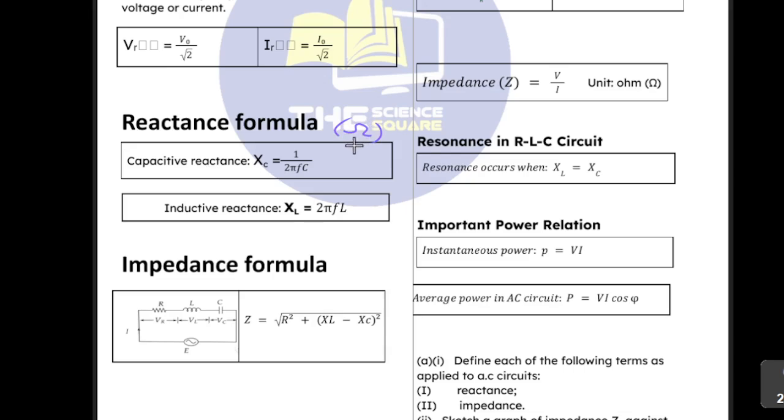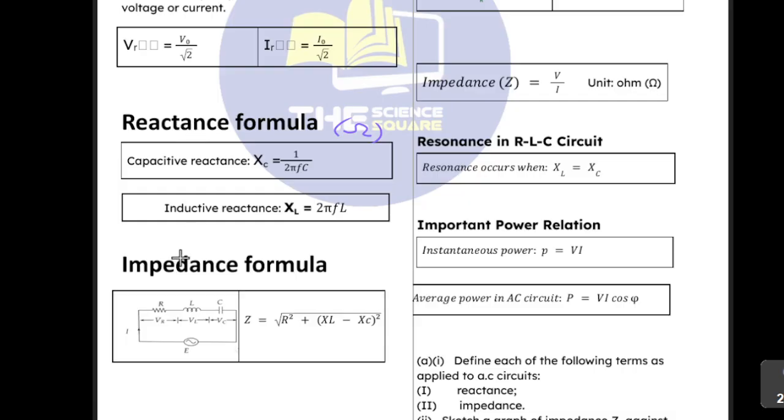And you must know the definition of reactance. It has been tested in past questions before. Define inductive reactance, define capacitive reactance, or define reactance. So you have to know that it is the opposition to the flow of alternating current due to a capacitor or an inductor. That's what we call reactance.